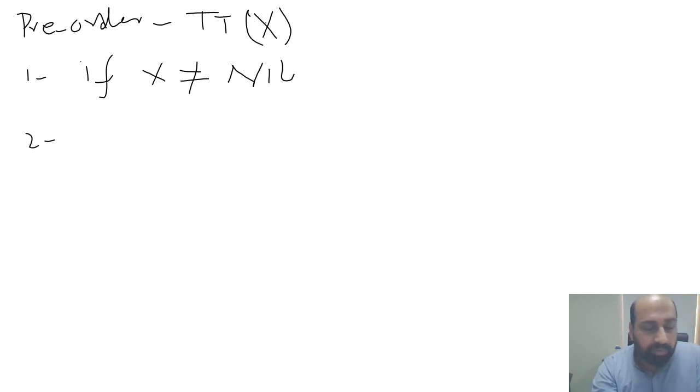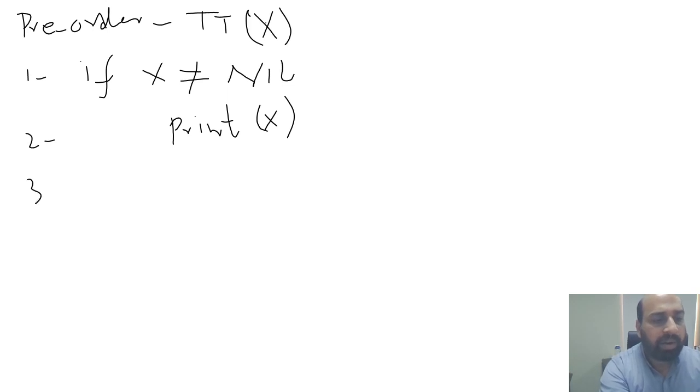But if it is not nil, meaning it has some existence, then first of all we are going to print this x. And then after printing, we call the same procedure on the left of x.